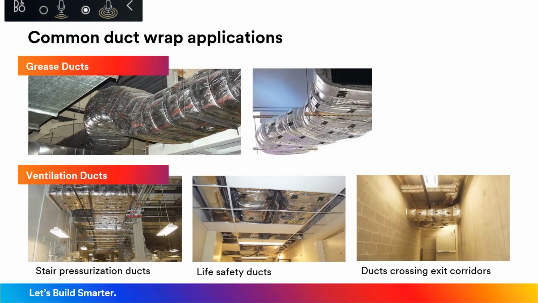As I mentioned, shaft alternative type materials. The spaces are getting tighter and tighter as we evolve in construction, making it very difficult to hang drywall shafts or alternate solutions. So, grease ducts in kitchens, ventilation ducts into stairwells, life safety ducts, and also chemical exhaust ducts, let's say in a lab.